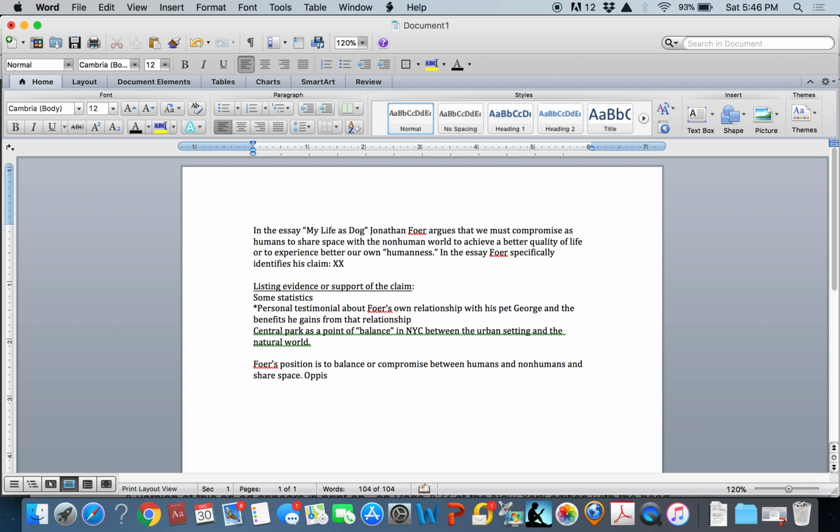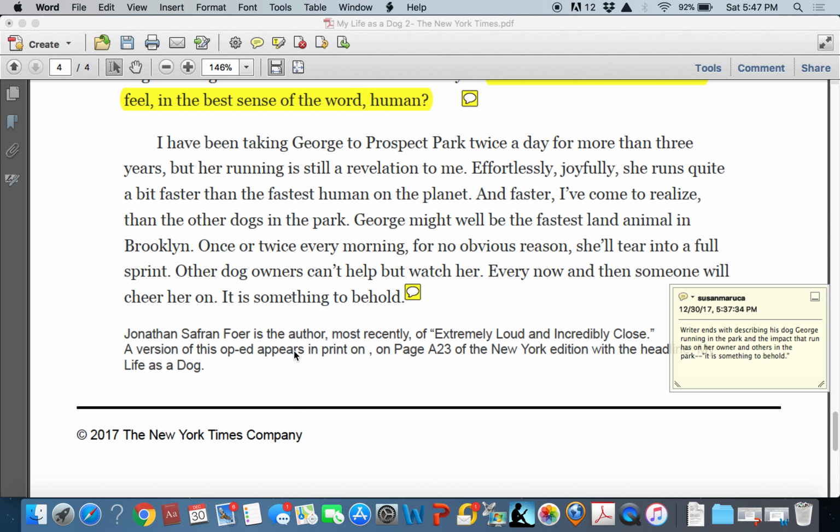His opposition would be any place in the essay in which he identifies people who would oppose his position. And so again, you would go back to the essay looking for points of opposition.